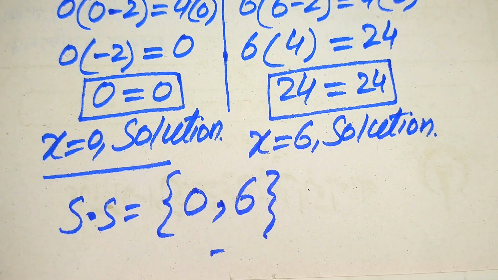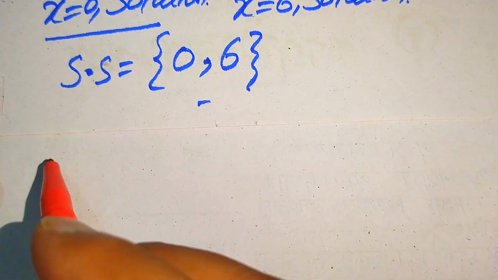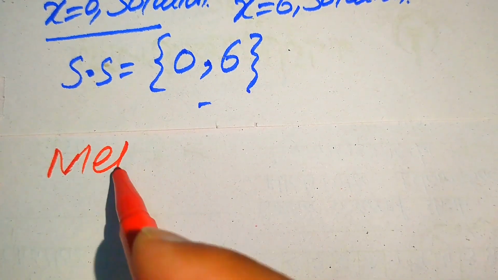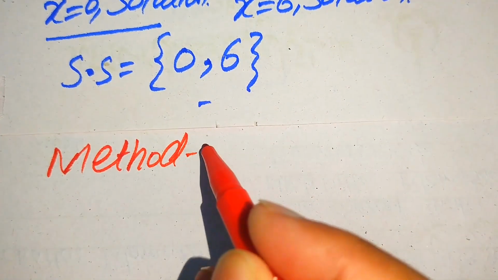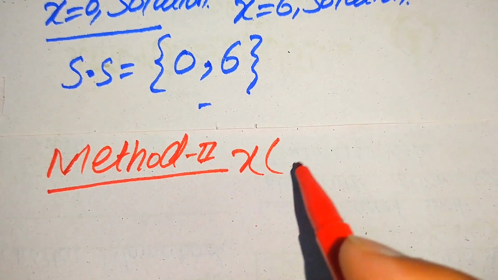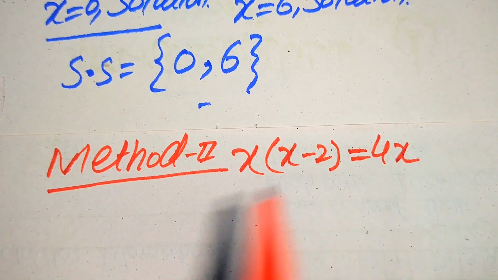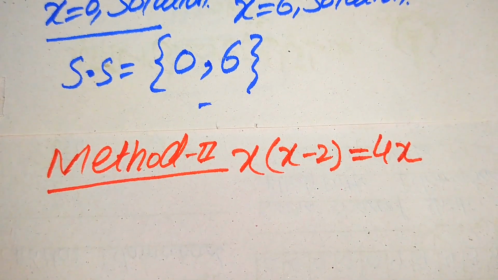Now we move towards our second method. First we copy down the given question statement: x times (x minus 2) equals 4x.